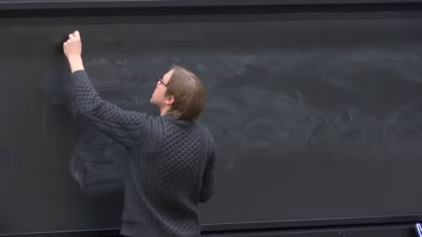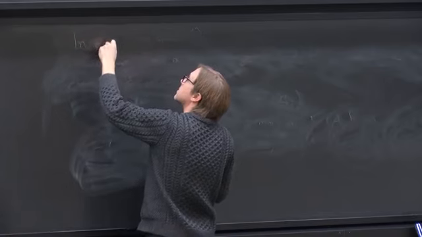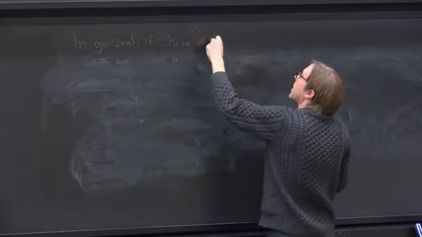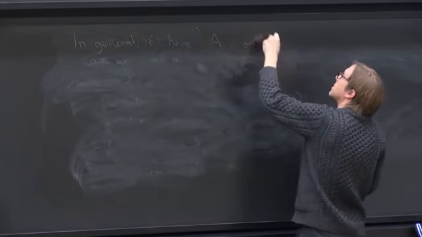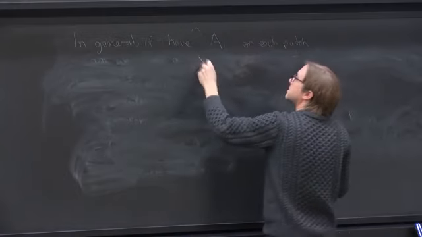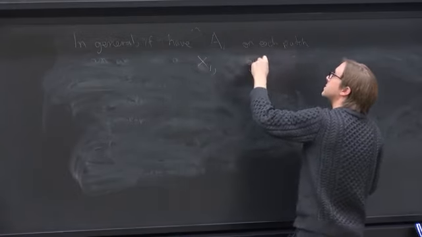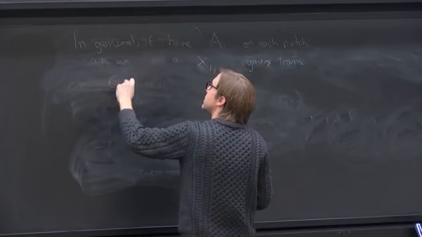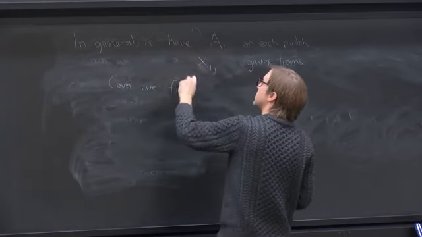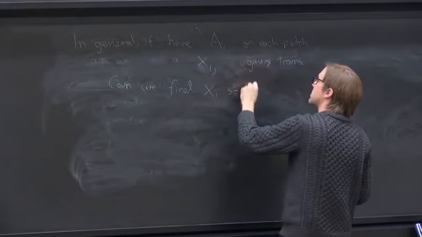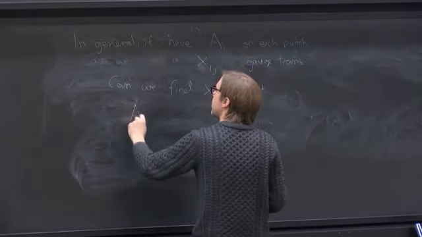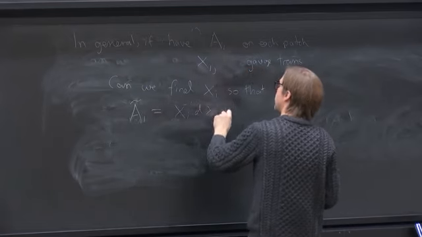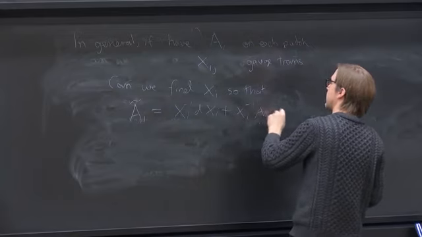So let's look. So in general, if we have Ai on each patch and xi j, which are gauge transformations, we can ask, can we find xi so that if I define Ai tilde to be xi inverse d xi plus xi inverse Ai xi.